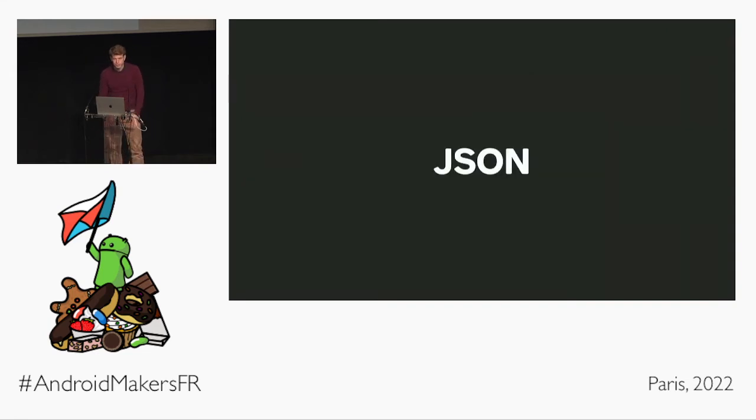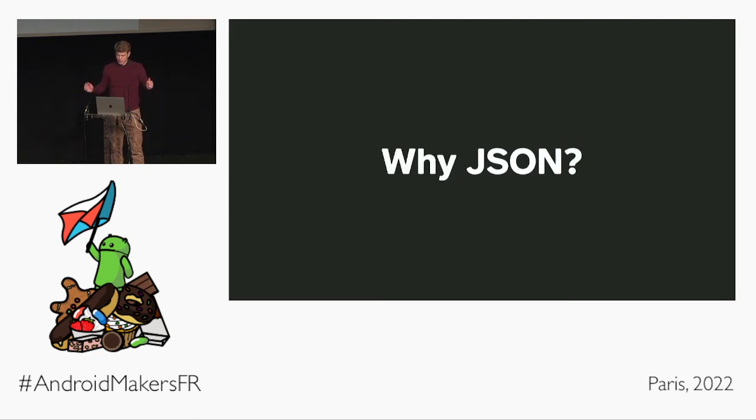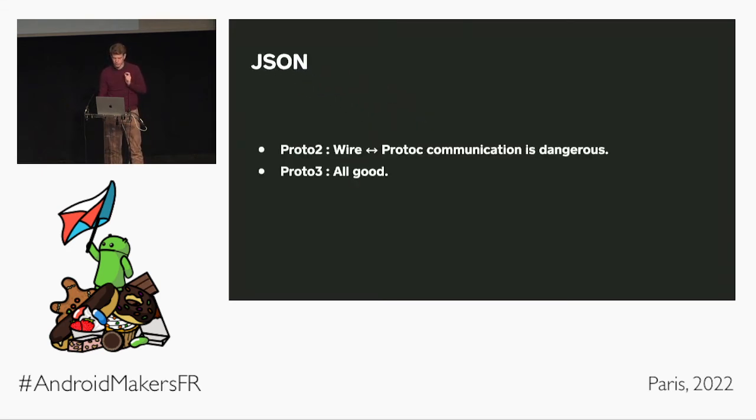We need to talk about JSON because in Proto 2, there was no specification around JSON serialization, which means that even though things could work, there was no contract. There was no guarantee that things would work, and so it would be dangerous to talk between different versions or even between Protoc and Wire. And Proto 3 came with a spec, so Wire is up to spec, so now you can do whatever you want with JSON.